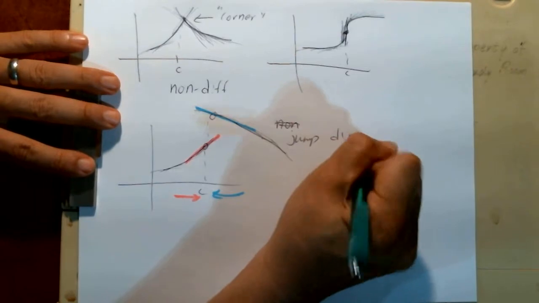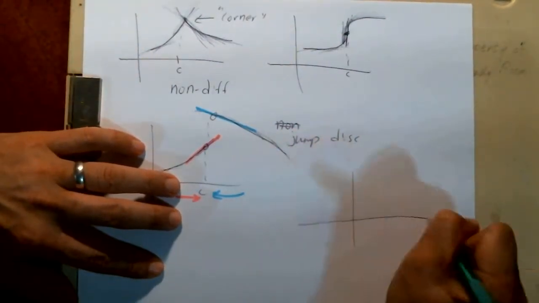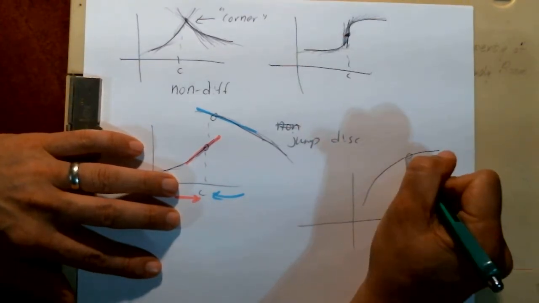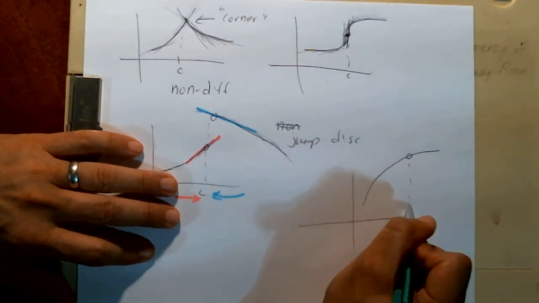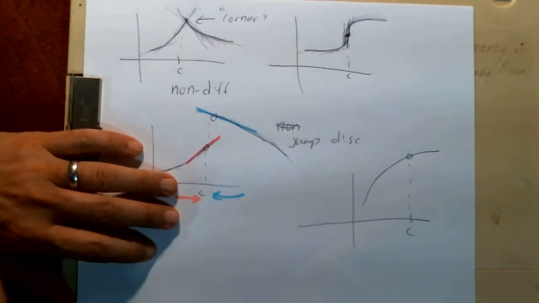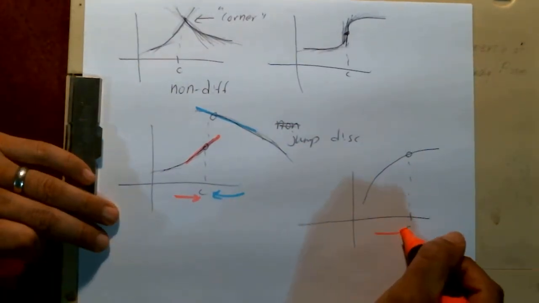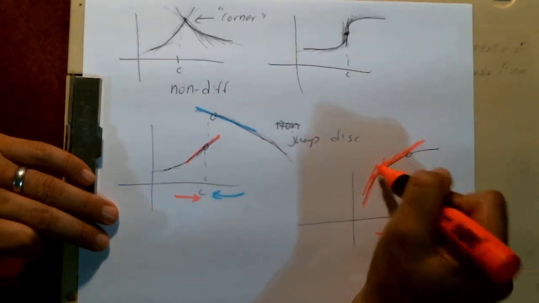I'm going to say something about one other thing. What if you have something like this, where you have an open circle? This is a type of discontinuity, but is it differentiable here at point C? Well, from the left, as you can see, it's going this way, and so you end up with this slope.